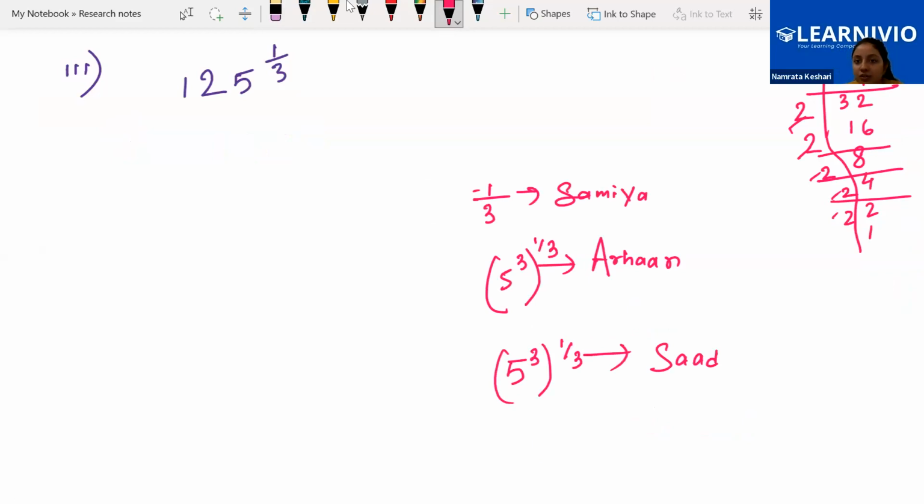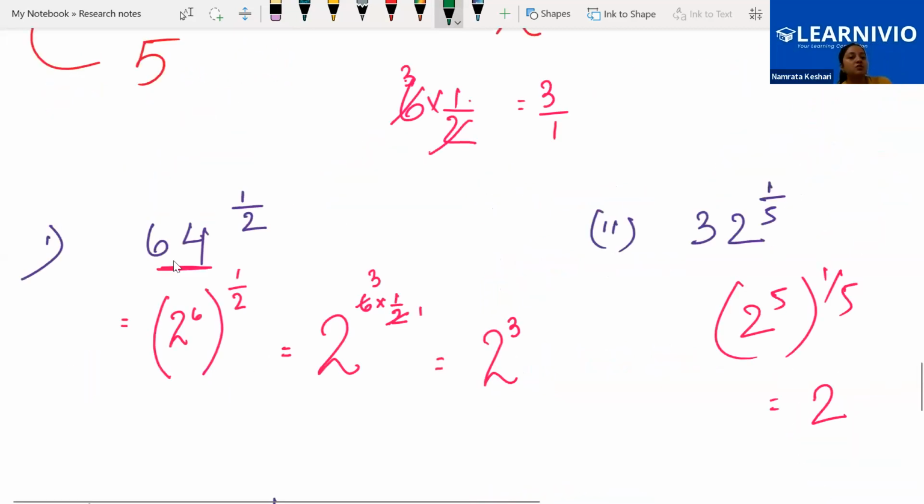Samya, do you want to say anything? You have already done the calculation. Now let's check it over. What we are doing is first writing the given base in exponent form, if that is possible. For the first question, 64 we have written as 2 to the power 6. In the second question, 32 as 2 to the power 5.